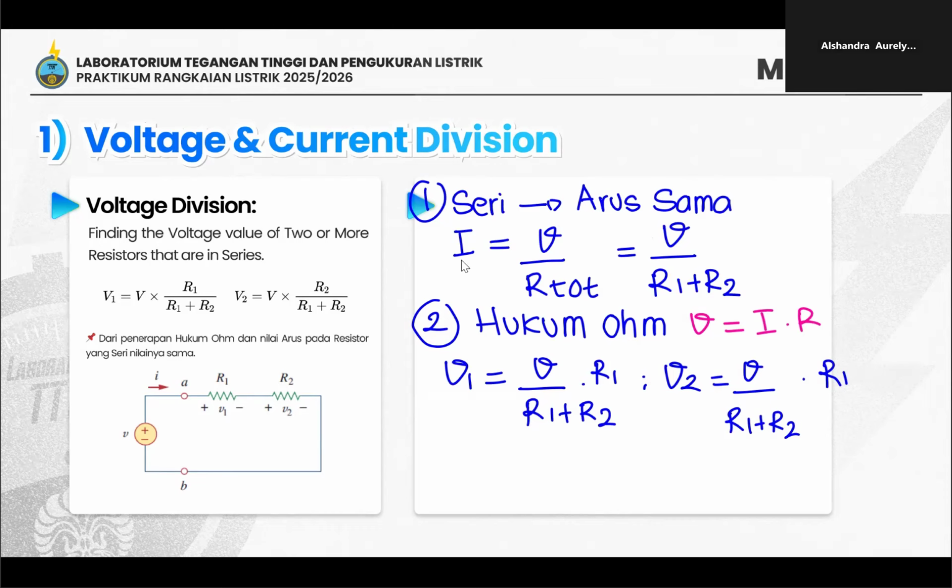So we can assume I, the current within the circuit, is V over R total, which is V over R1 plus R2. Next, it's just Ohm's law, where V equals I multiplied by R. Then we can find the voltage across R1 and R2, which is V1 and V2, by substituting the I from the first equation into Ohm's law. Then we get V over R1 plus R2 multiplied by R1 for V1, and for V2, this changes to R2. Sorry for the misspelling here.